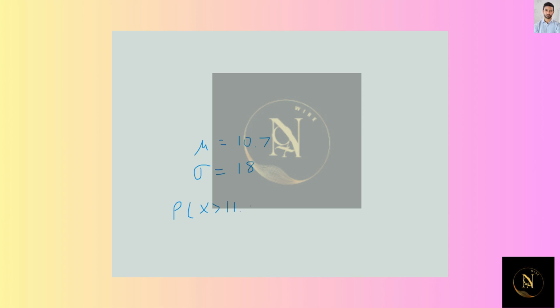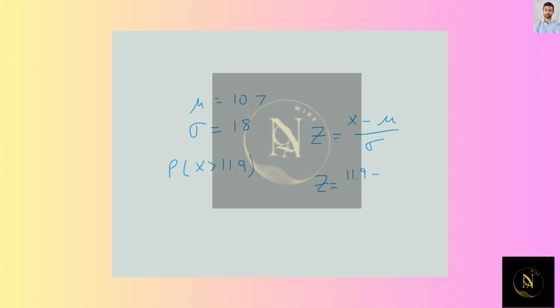So we need a z-score for 11.9. A z-score is found by taking the value we're looking to get a z-score for, minus the mean, divided by the standard deviation. So we want a z-score for 11.9 when the mean is 10.7 and the standard deviation is 18.